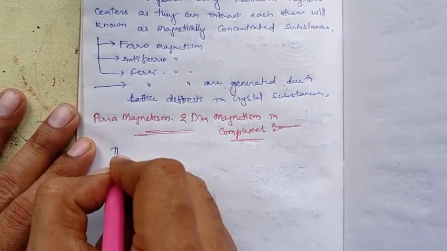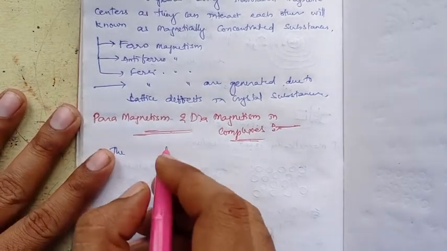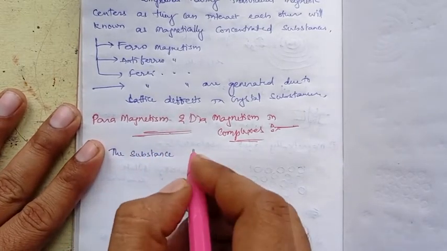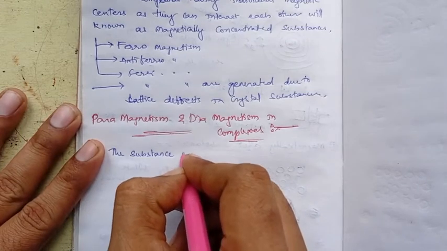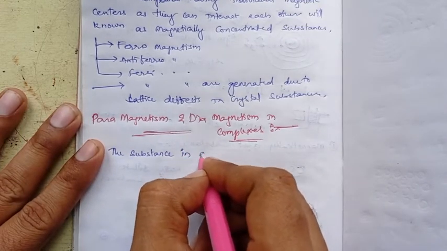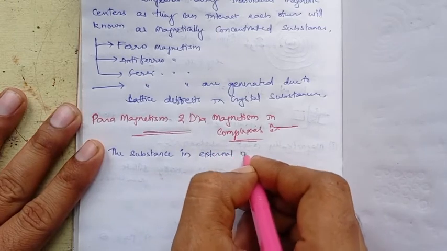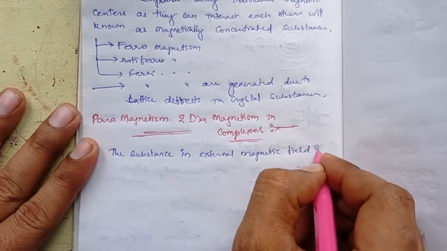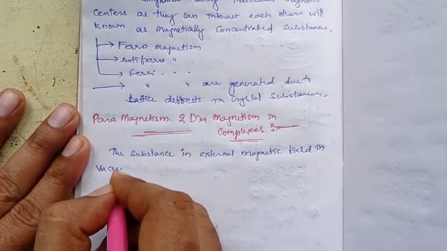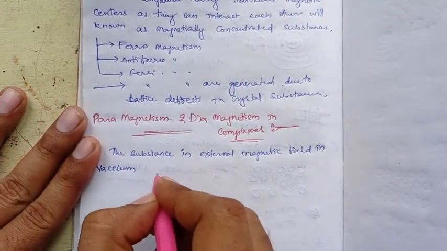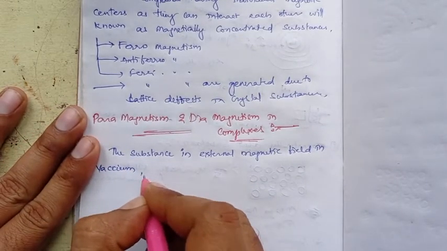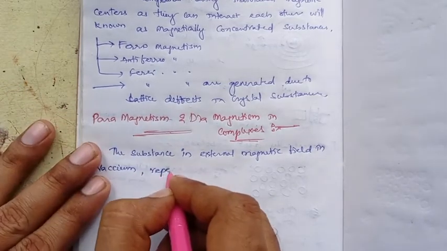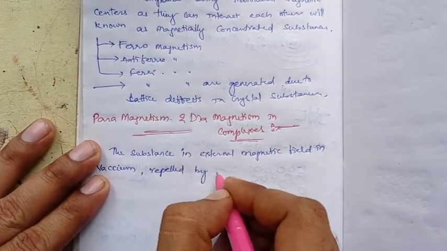By definition, a diamagnetic substance is a substance that, in an external magnetic field in vacuum, is repelled by the external magnetic field.